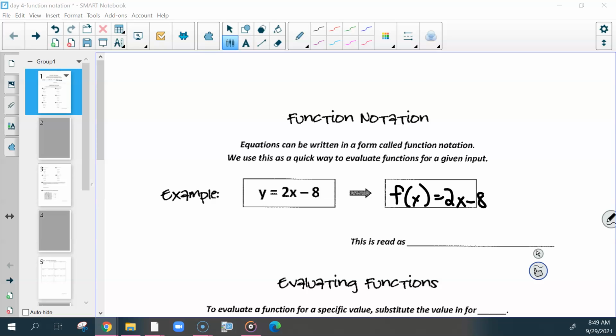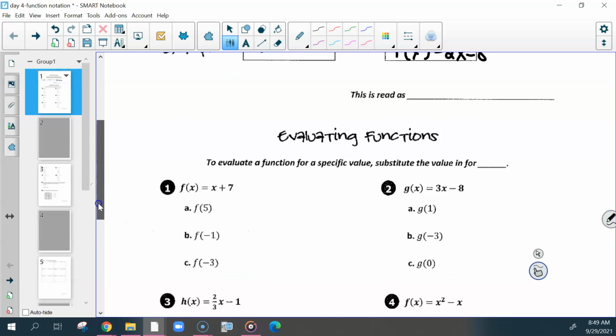Do we have any questions? Anything we want to go over? Double check. On which page?